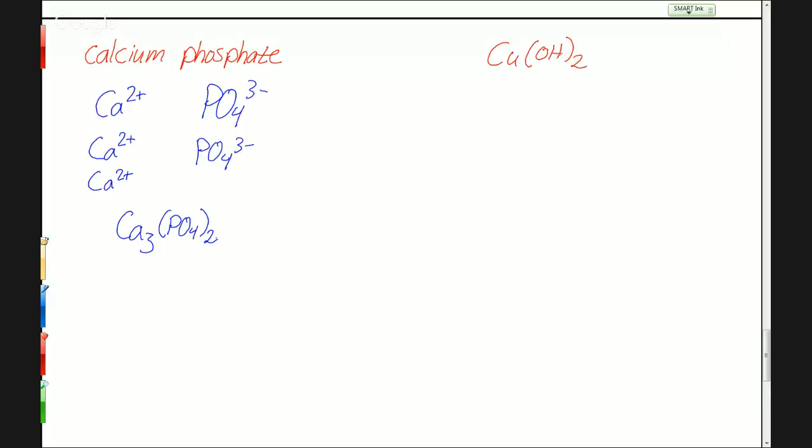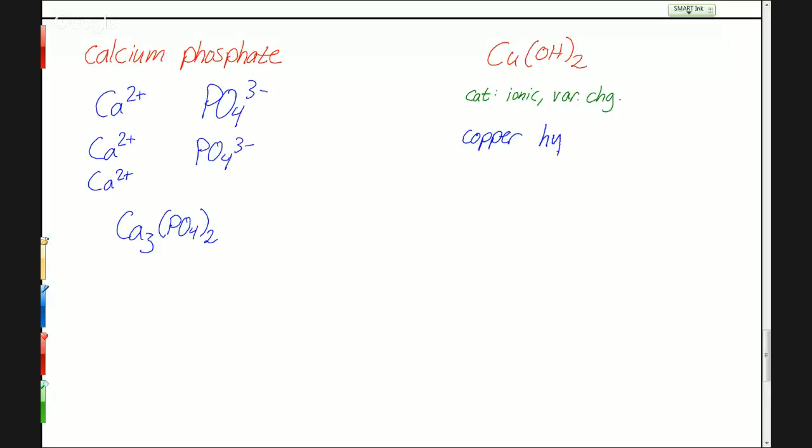And then Cu(OH)2. We should categorize this first. Which category does this go in? Yes. So this is ionic with variable charge because of the copper. So Cu is copper. Close.